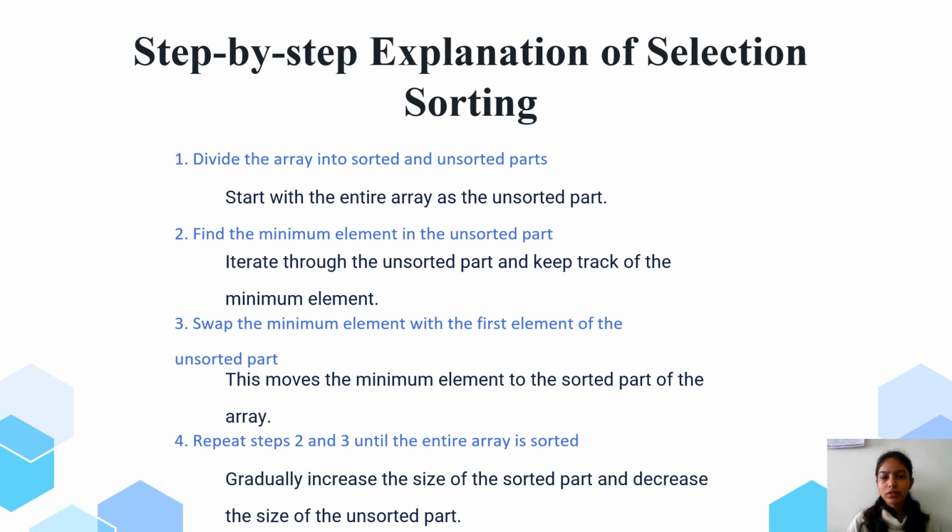Step 3: Swap the minimum element with the first element of the unsorted part. This moves the minimum element to the sorted part of the array. Step 4: Repeat steps 2 and 3 until the array is sorted, gradually increasing the size of the sorted part and decreasing the size of the unsorted part.